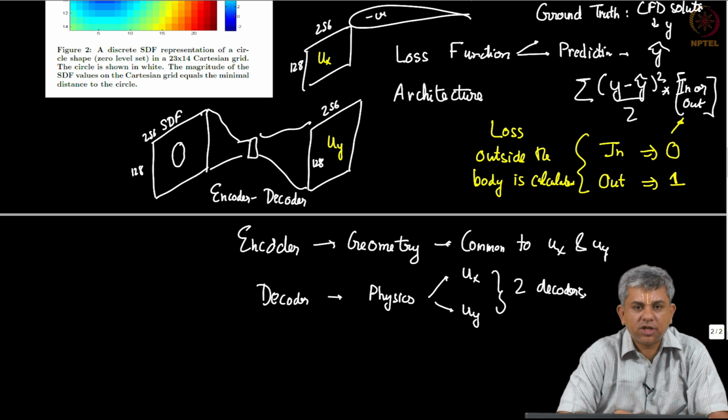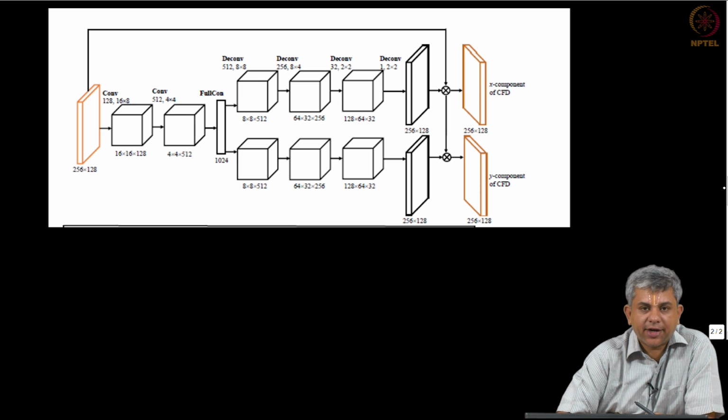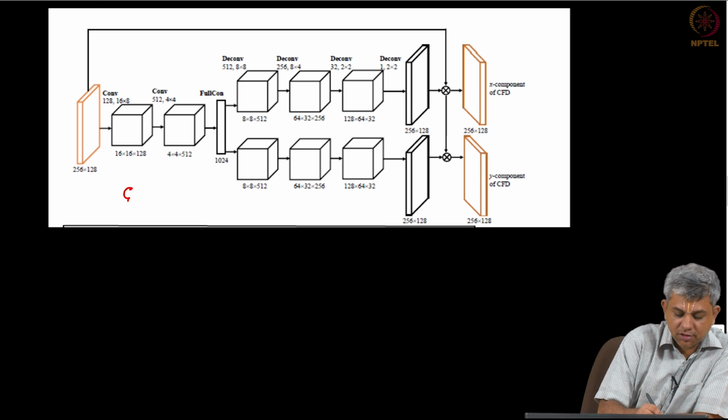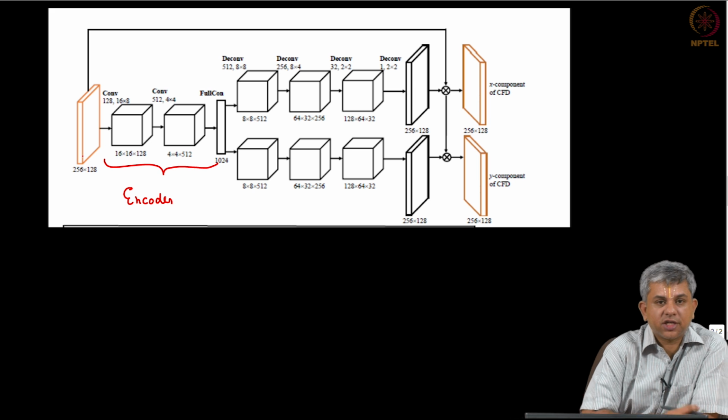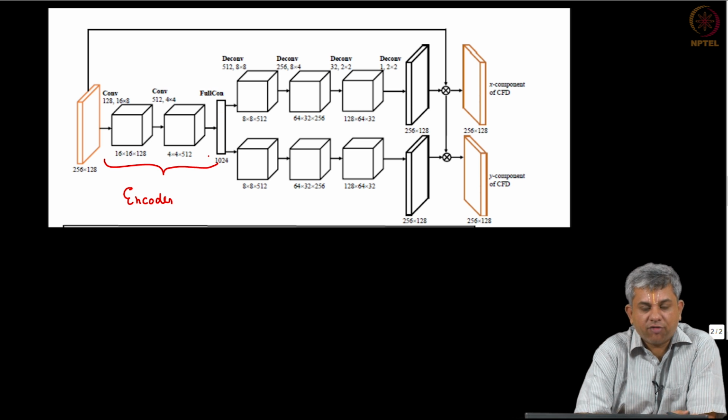Let me actually show you the structure that they used in their paper. Here is the CNN architecture that the people used in this paper. Now, notice what is happening here. This portion is the encoder, until here it took a 256 cross 128 image, squeezed it and got a fully connected layer of 1024.